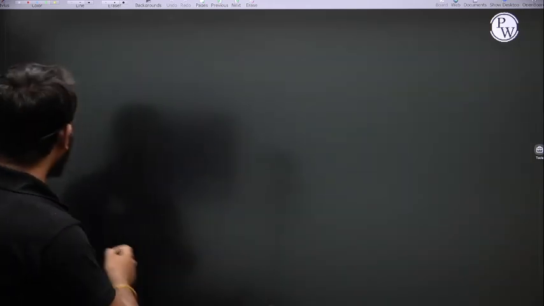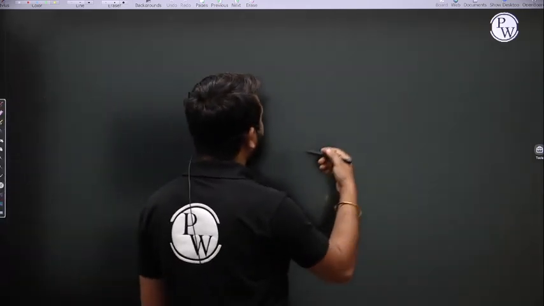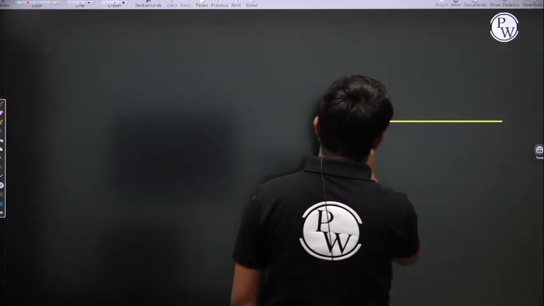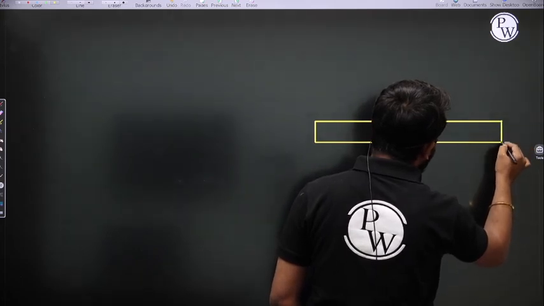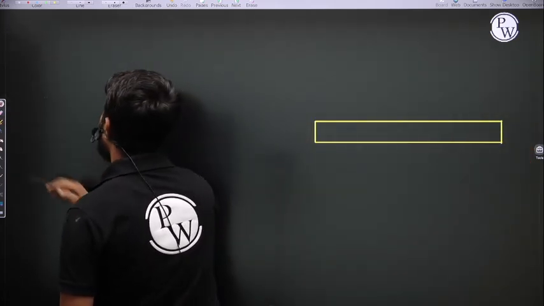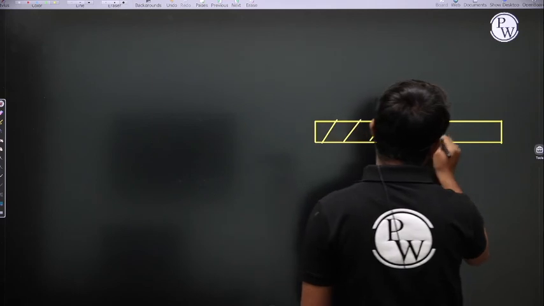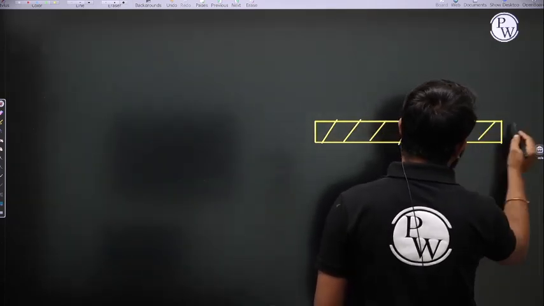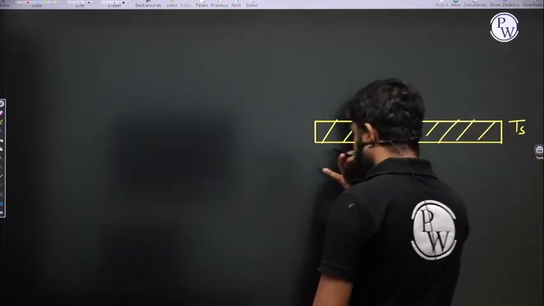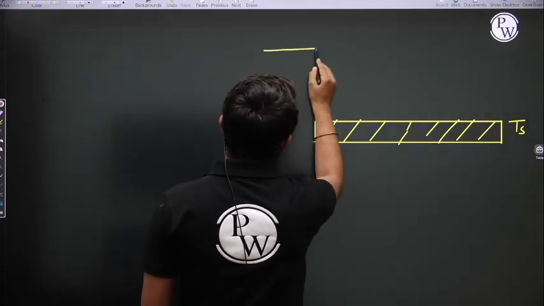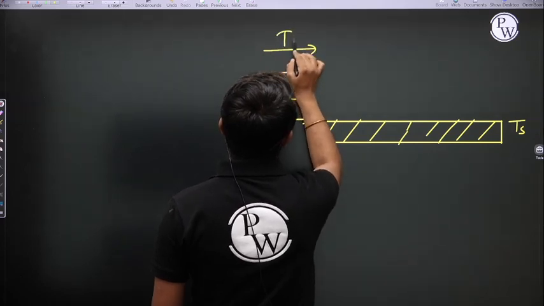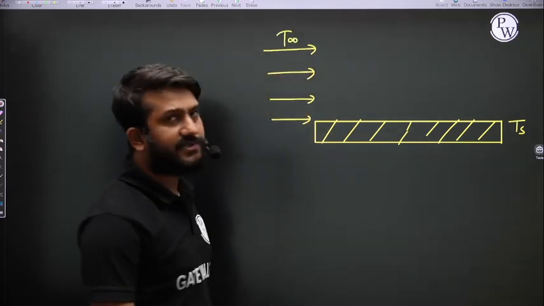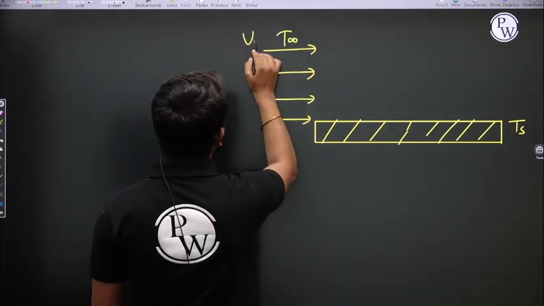Now, if I'm talking about the Prandtl number, consider a plate. This is the plate, its temperature is Ts, and over the plate a fluid passes with velocity u infinity and temperature T infinity.